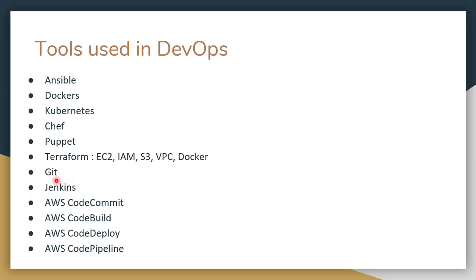Git is a repository that allows teams to check in their code files, whether it's for a software product or for a device that's running software. Jenkins is another automation framework that allows for commits to be automated, builds to be automated, and deployments to be automated.